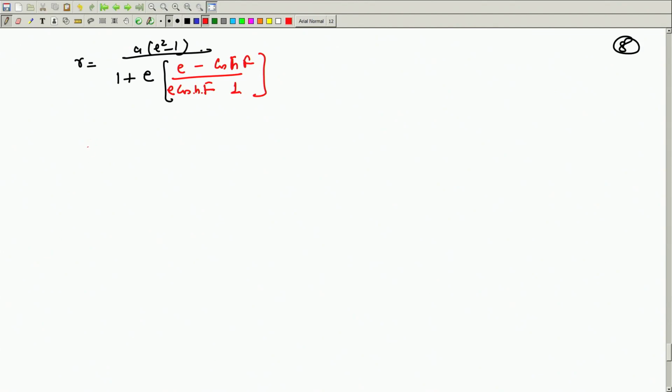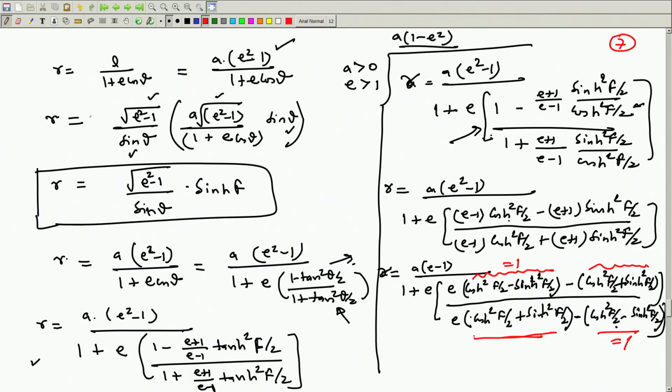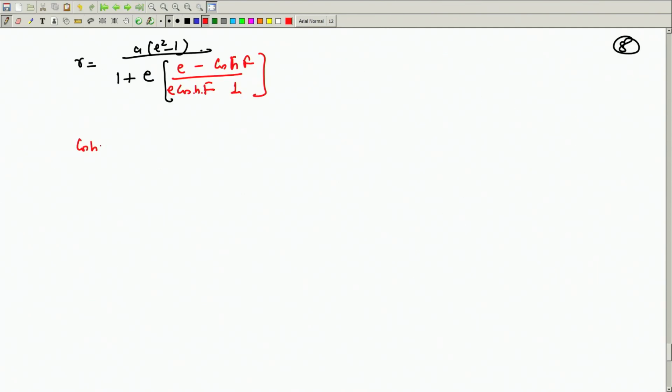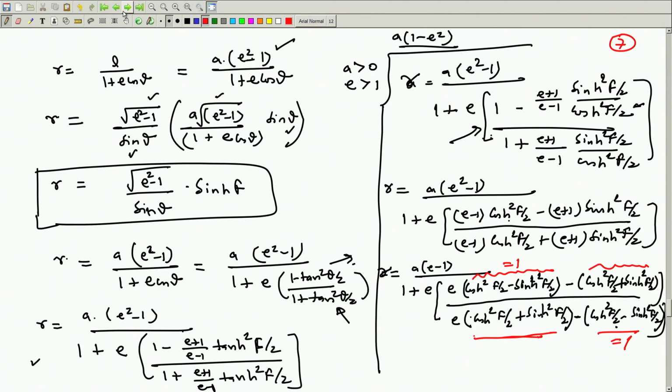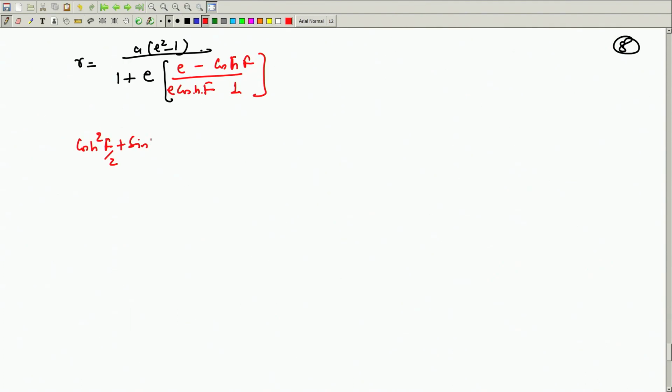So, we have here the last term we have written, cos hyperbolic square f by 2 plus sin hyperbolic square f by 2. Okay, so this term we have to rewrite.